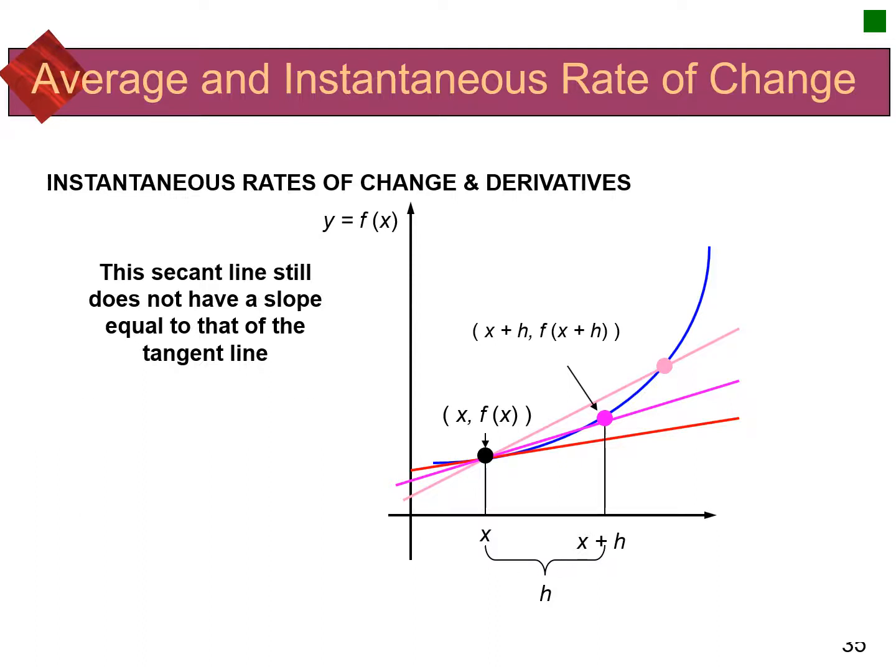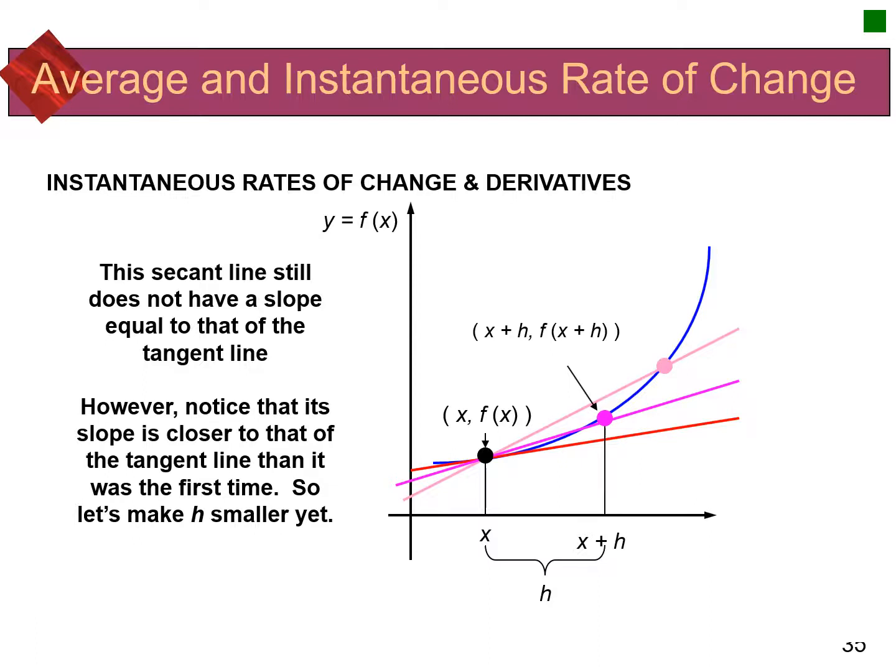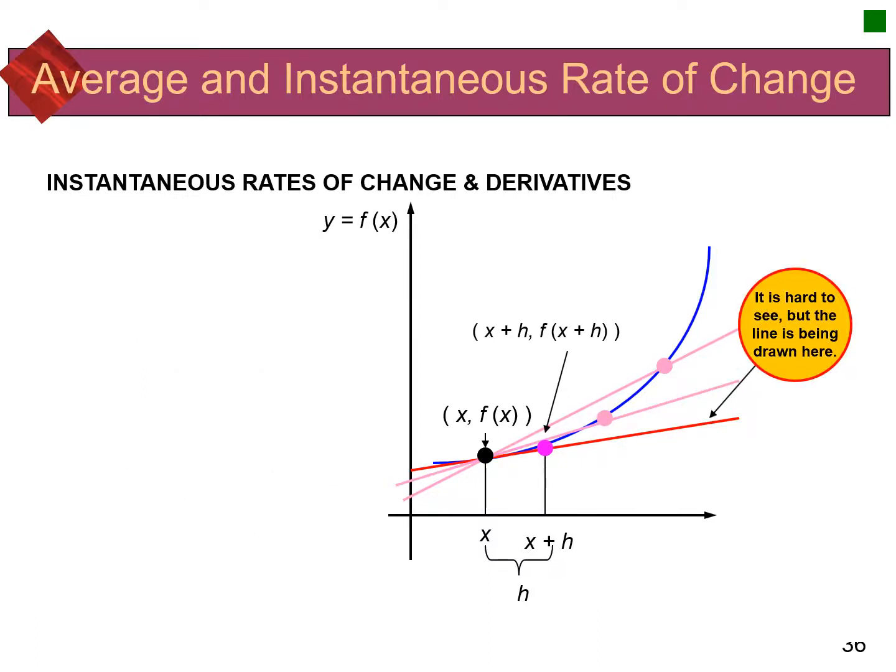If I make that distance smaller yet, now x plus h is even closer to x. When I see this line drawn in, I can see I'm getting really close to the tangent line. So as this value of h becomes closer and closer to being nothing, that would allow me to approximate what the actual slope of the tangent line is.